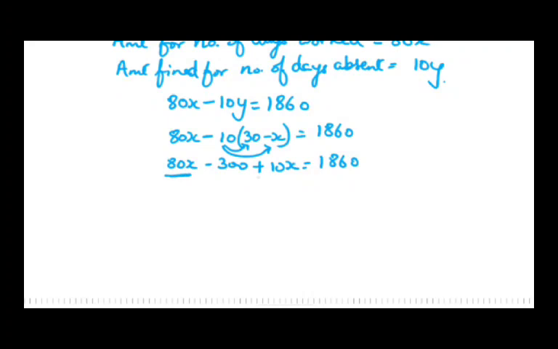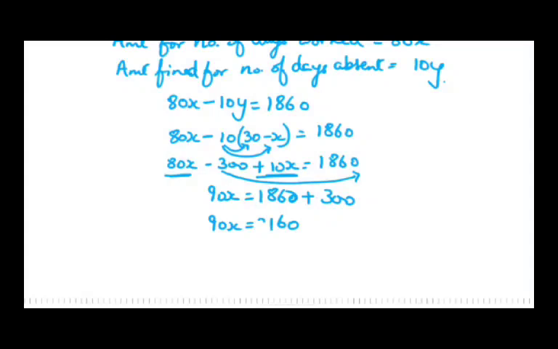So 80 plus 10, 90x. 1860, I'm going to take the minus 300 to the other side. It will become plus 300. 90x is equal to 2160. So x value is 2160 upon 90.